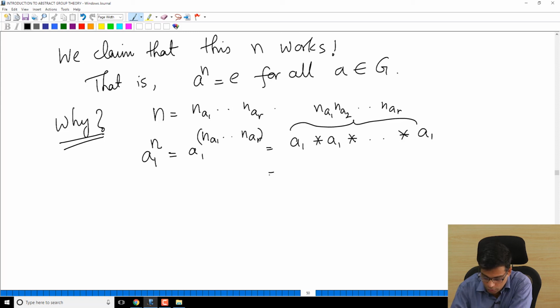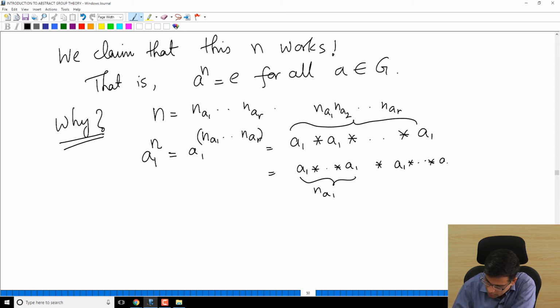So, you can now combine this in n a 1 times, and then combine again in n a 1 times like that.